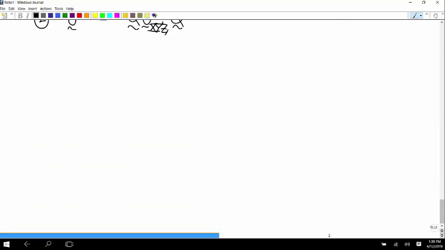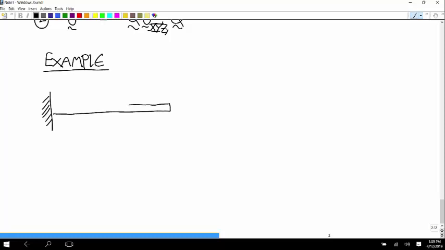So let me do an example problem. Let's say we have a cantilever shaft connected on the left, and we have a torque of 40,000 Newton meters.